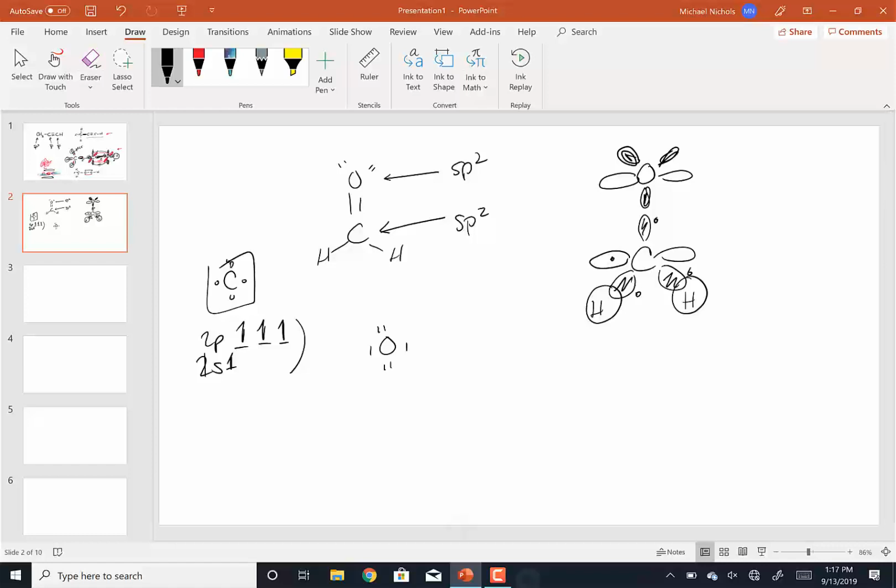Because oxygen is 2s2, 2p4, with 2 paired electrons and 2 unpaired p electrons. And there's no d orbital to hybridize or to promote up into because there is no 2d orbital.